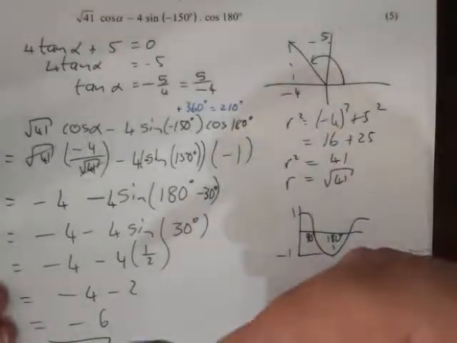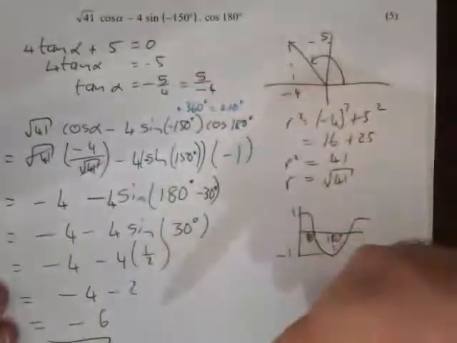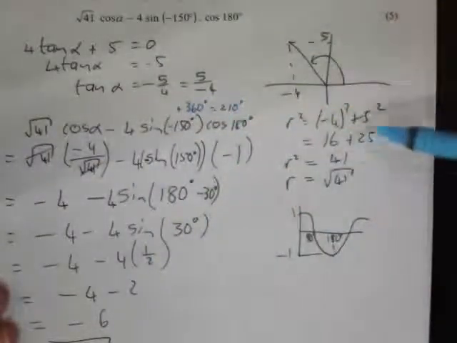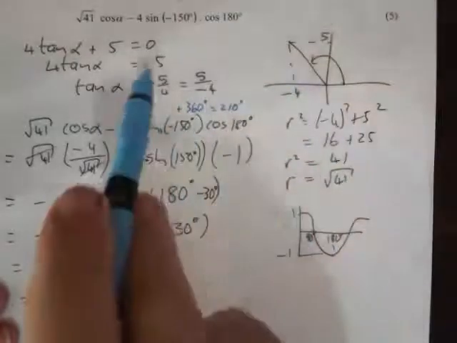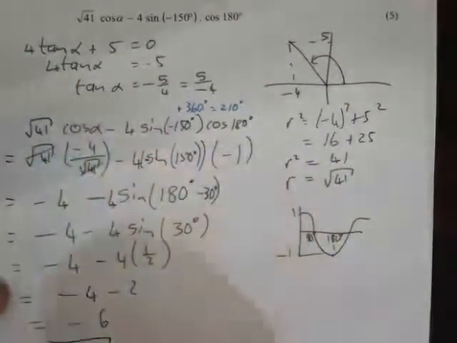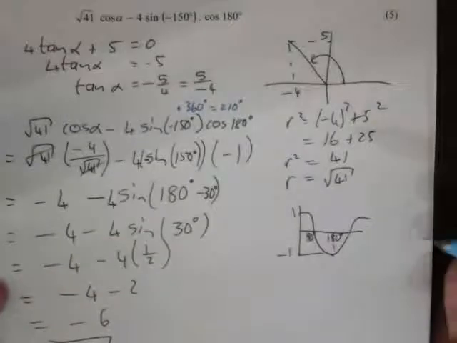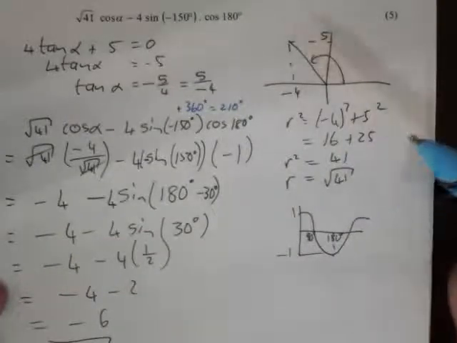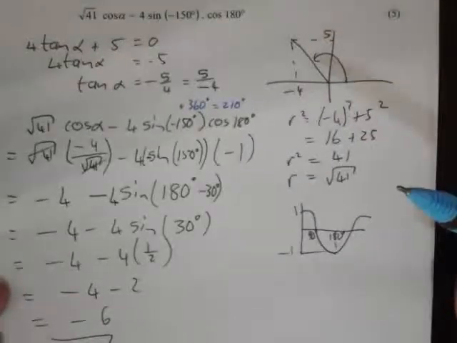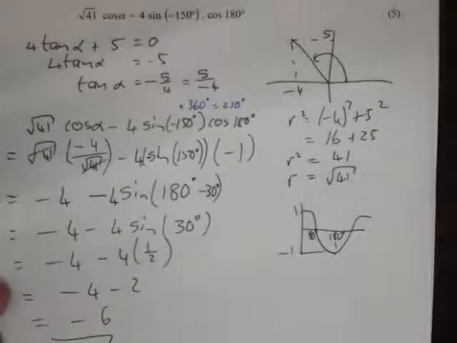And as you can see, we've had to do quite a bit of work. It's the diagram, finding the r, finding cos of minus 1, rewriting the equation. And so I would say this is quite a complicated question to start off with, but if you can do it, then you're well off.